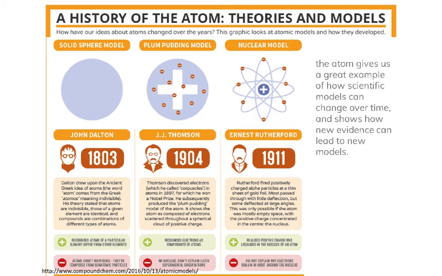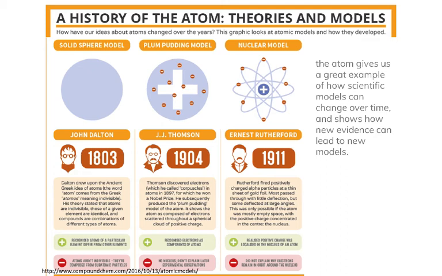The Dalton model in the early 1800s was the idea that the atom was simply a solid sphere. So there are no subatomic particles. There's nothing that an atom can be divided into. There are different elements, but it's just a solid sphere, and they're different.